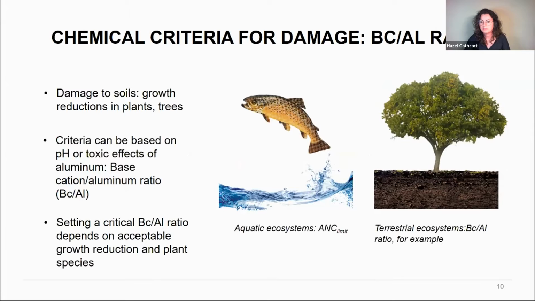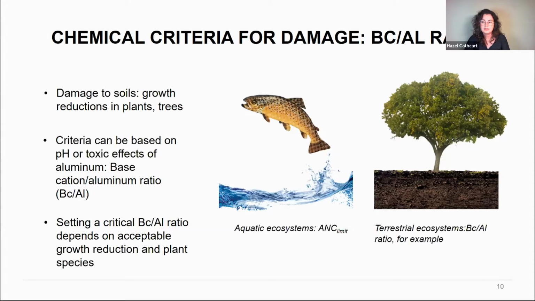And moving on to the chemical criteria for biological damage that we need to define before we can get to the other input parameters. It's easy to start with a comparison to aquatic critical loads, which are calculated using a value that is set to a protection limit for a key fish species. For terrestrial ecosystems, we want to define that damage for vegetation, generally trees, and in terms of growth or biomass impacts.